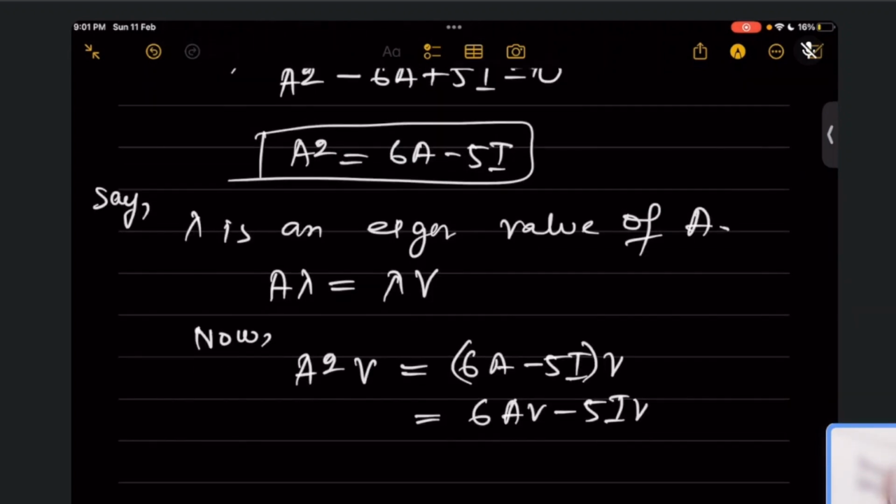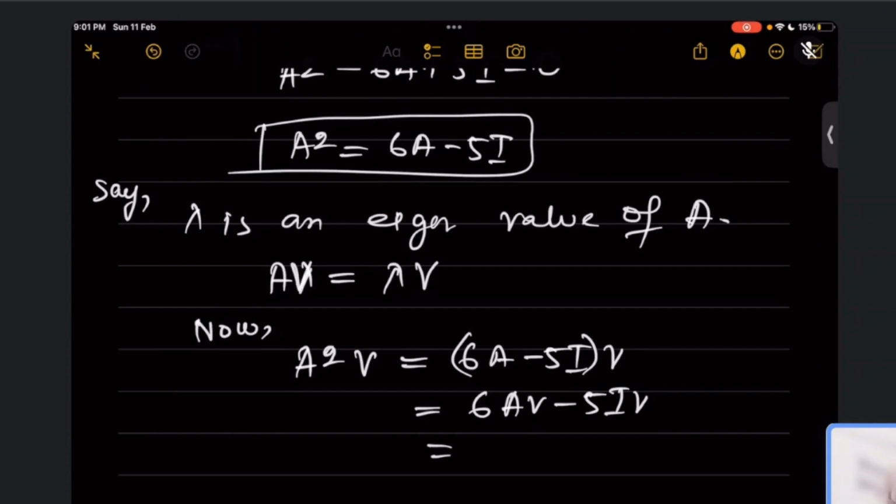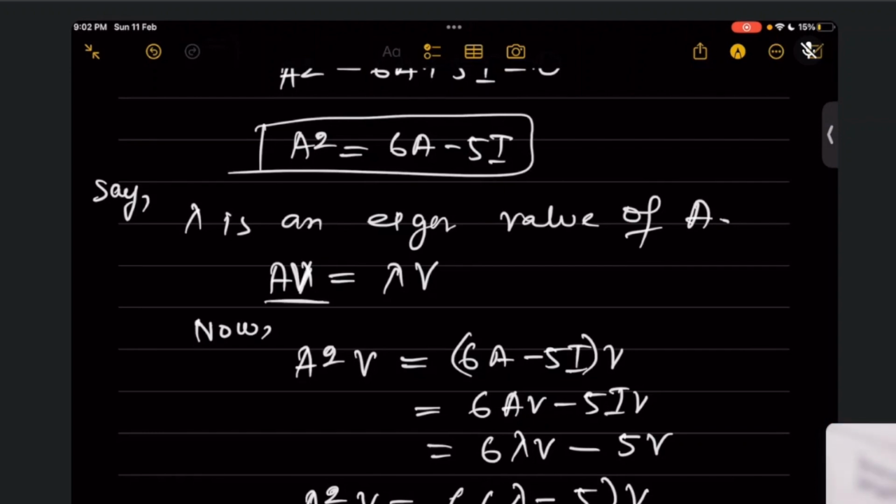Instead of AV, we can put lambda V, and instead of IV we can simply write V. So A square into V comes out to be (6 lambda minus 5) into V. You can clearly see that lambda is the eigenvalue for A, but for A square, 6 lambda minus 5 is the eigenvalue.